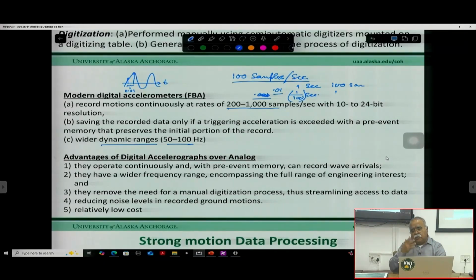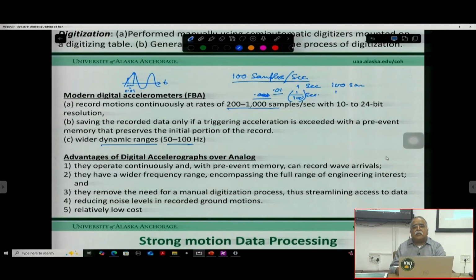We allow the record to go continuously, and then we can download the entire time. Whenever you want, you can chop up and take the recording. This is what we call continuous data streaming.